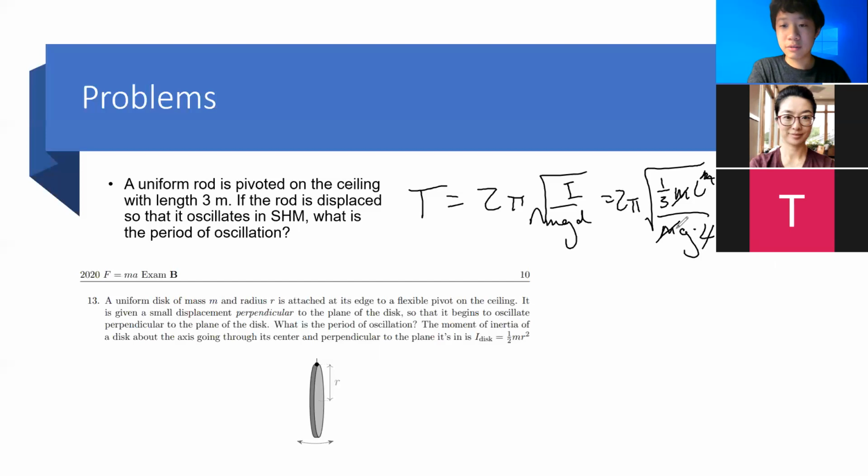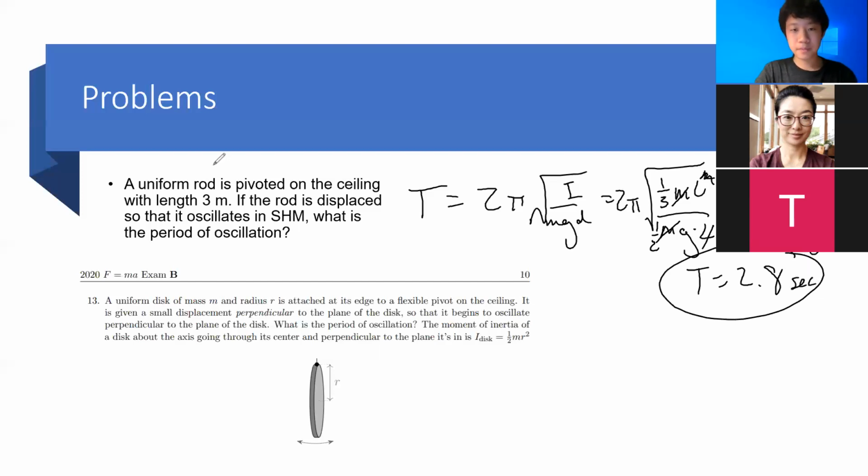We're going to have 2 pi, the square root of 2/3 L over g. L is 3, g is 9.8, 3 over 9.8 times 2/3. Take the square root, times 2 pi, about 2.8.